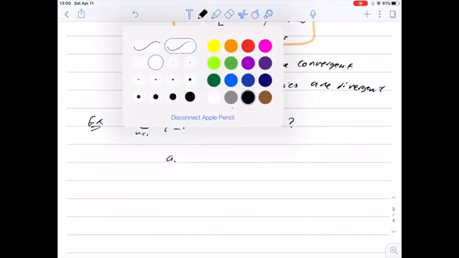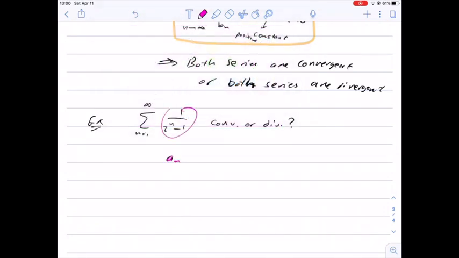So this is a sub n. A sub n is 1 over 2 to the n minus 1. If we generate b sub n from this, we want to find a known series from this series.